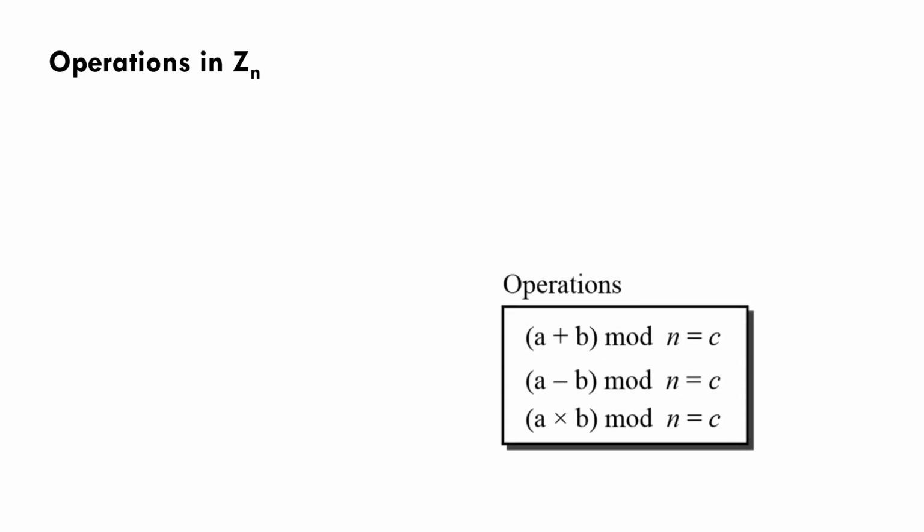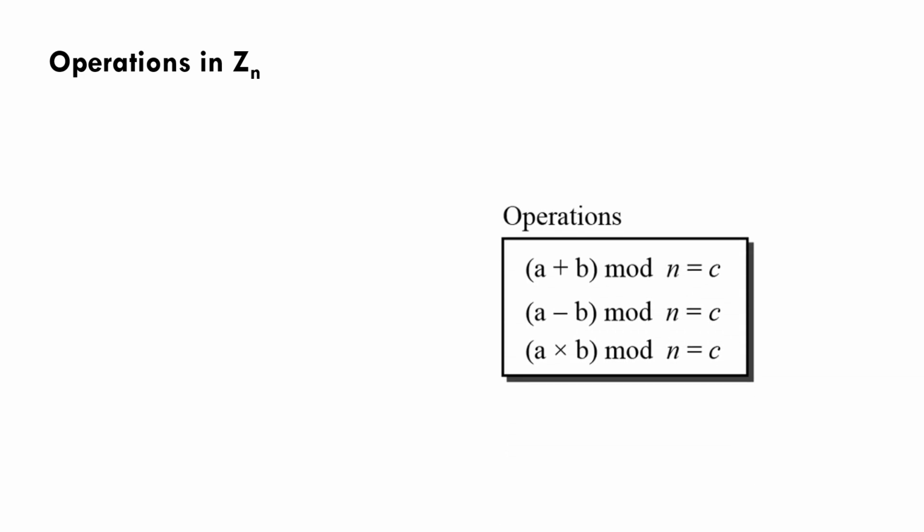Operations in Zn. The three binary operations, addition, subtraction, and multiplication, that we discussed for the set Z can also be defined for the set Zn. The result may need to be mapped to Zn using the mod operator. Actually, two sets of operators are used here.